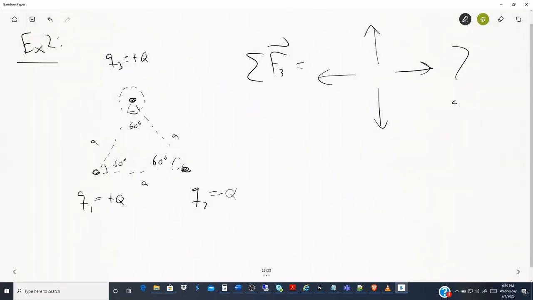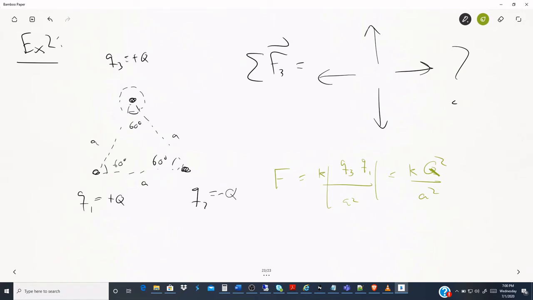And the first thing to take note of is that the magnitude of the force that acts on Q3 is going to be K, Q3, Q1 or Q2. I'll just put Q1 for now, over A squared, absolute value. That's just going to work out to be K Q squared over A squared, right?